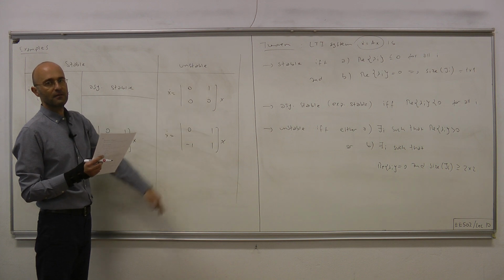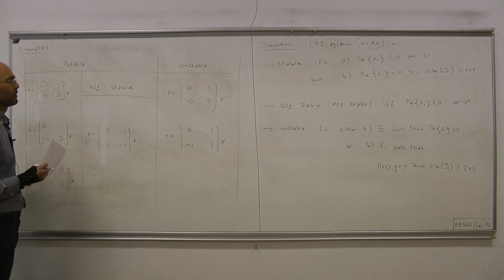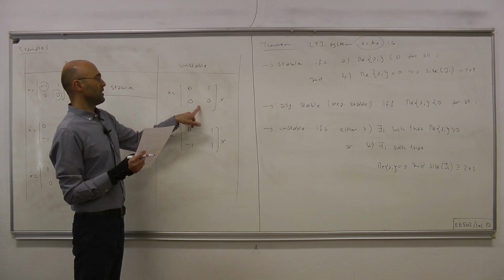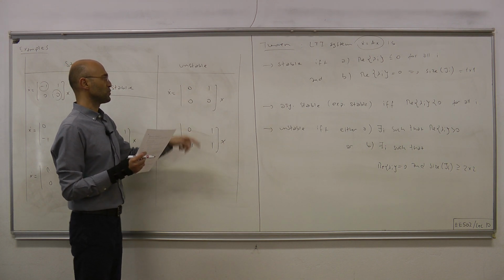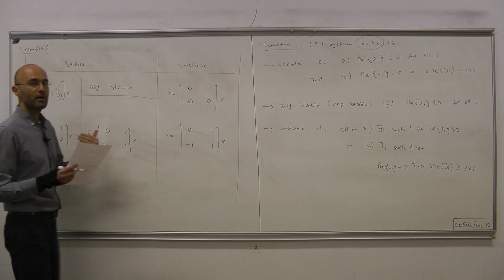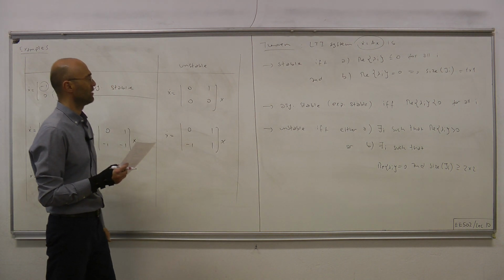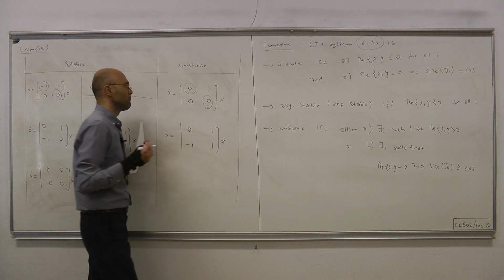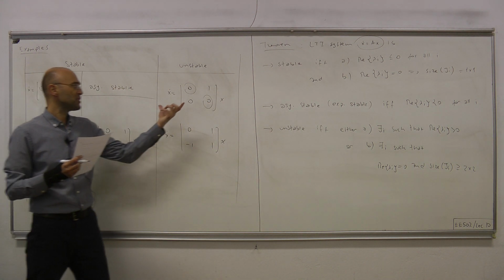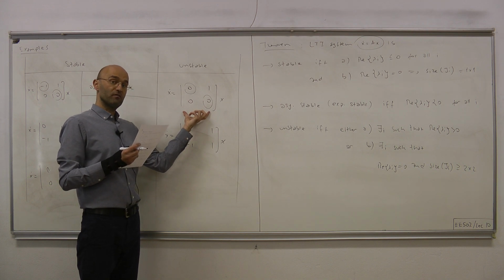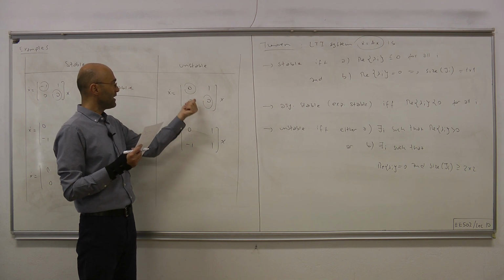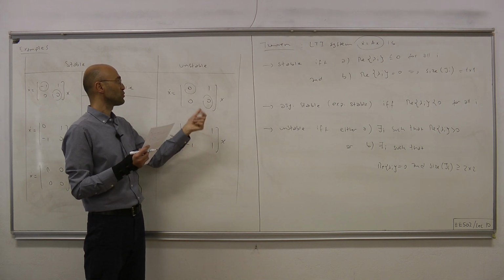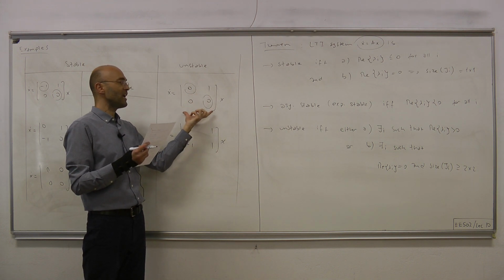How about this last column, unstable matrices? Here we have an A matrix that's also in upper triangular form. Therefore, the eigenvalues are both at 0. Now, this A matrix is already in Jordan form, and it's clear that the Jordan block that corresponds to the eigenvalue at 0 is size 2 by 2.